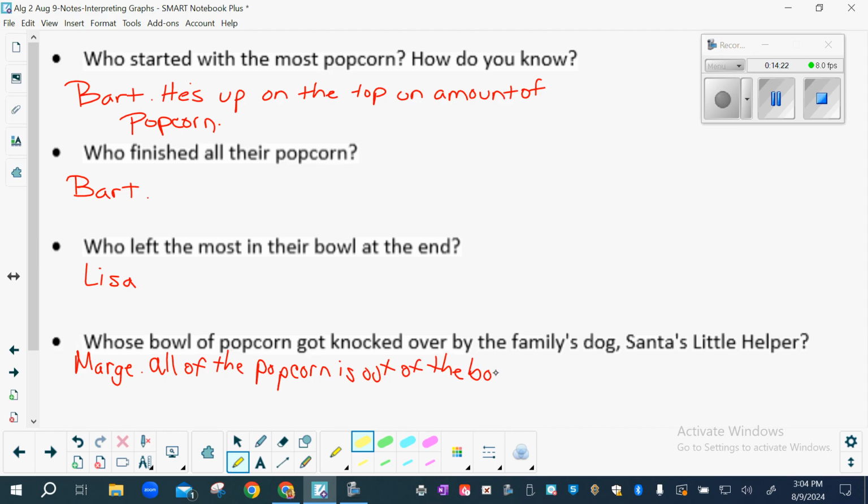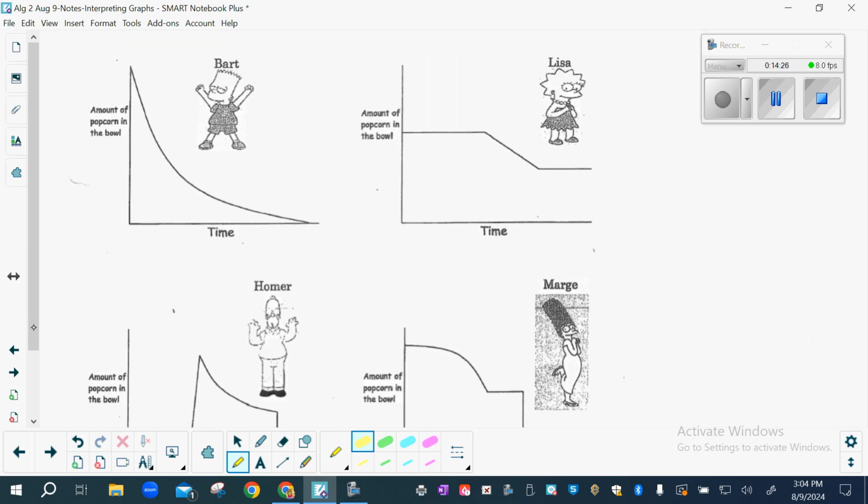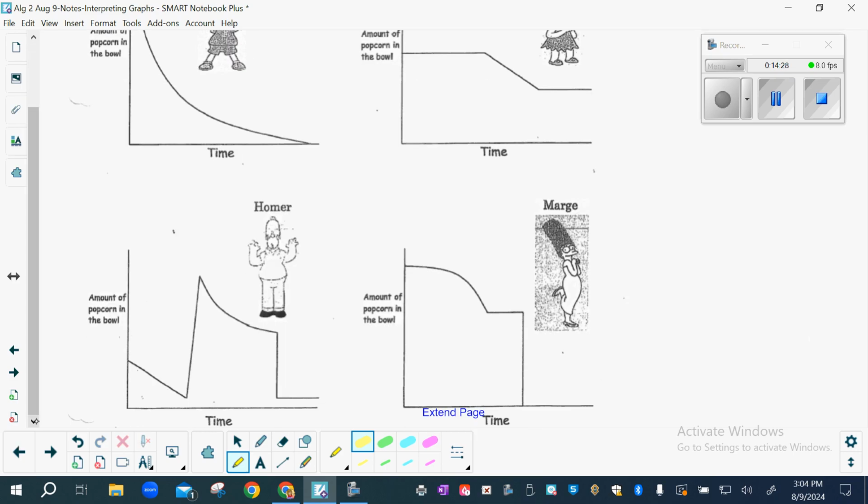So if that's the case with hers, or here, then how might we explain that for Homer? Because those are the two scenarios that are the hardest to explain. There might be another explanation.